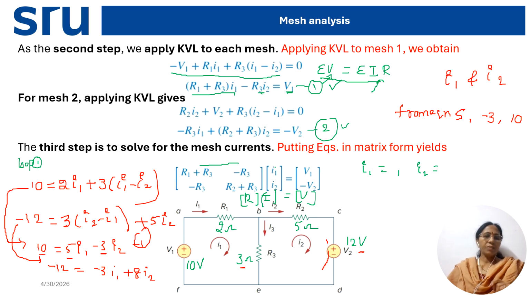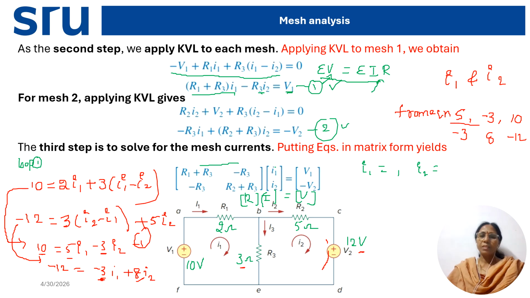Then in the second equation, the I1 coefficient is minus 3, and the I2 coefficient is 8, so minus 3, 8, and then the next one is minus 12.